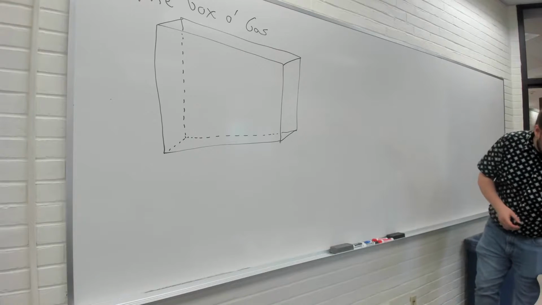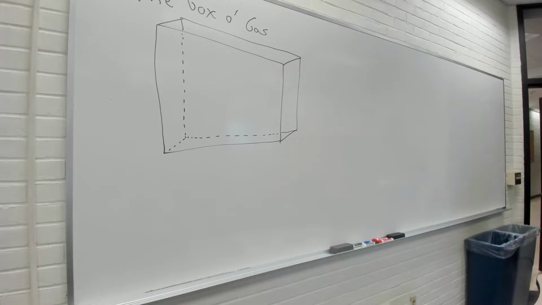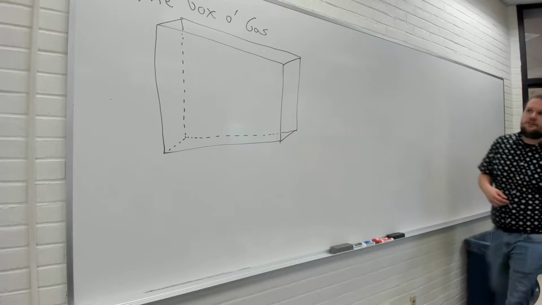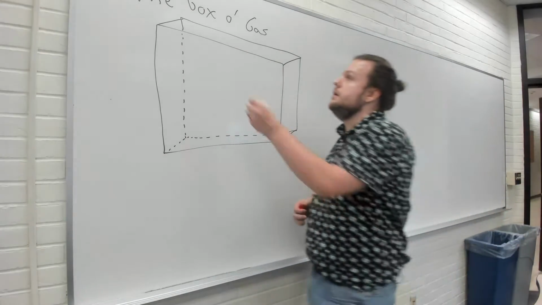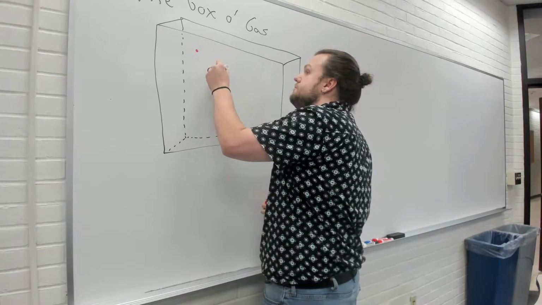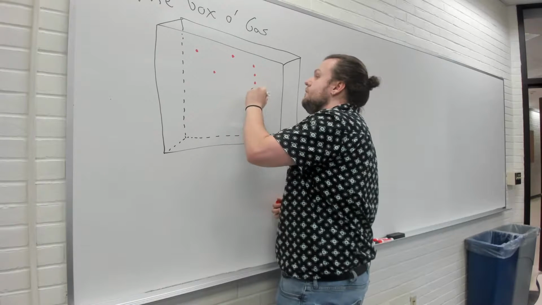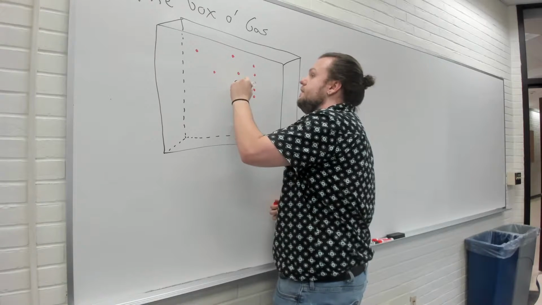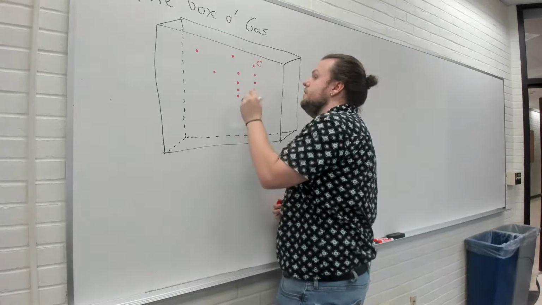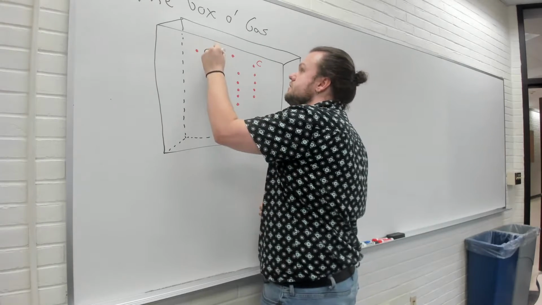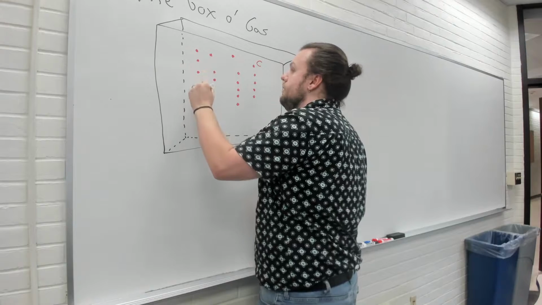The first thing I want to talk about is, let's say we fill this box up with atoms. Someone name an atom they like. What's our atom of the day today? Carbon. Carbon's an interesting gas. So here we have a bunch of carbon atoms.